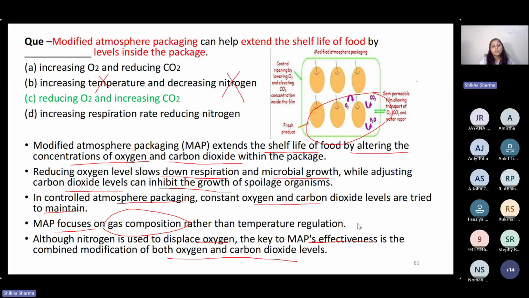So in controlled, we continuously monitor and control the gas composition. Whereas in modified atmosphere packaging, once we establish the condition, we are not going to continuously monitor and control that atmosphere. We first modify it and then we will not continuously monitor or control this condition.